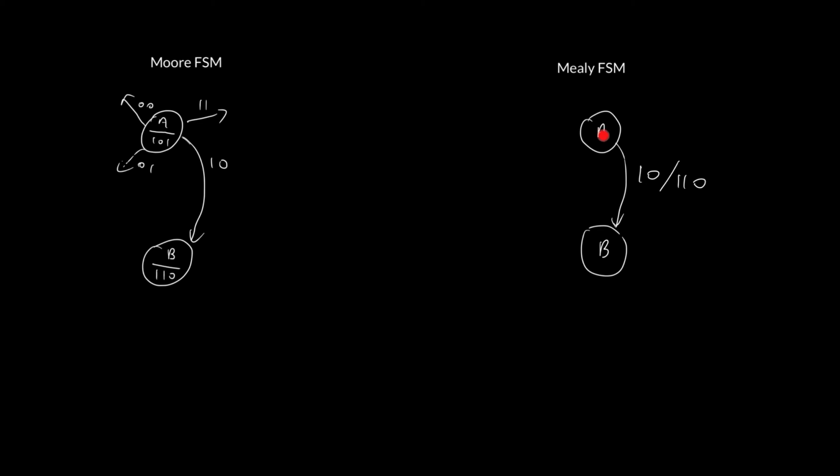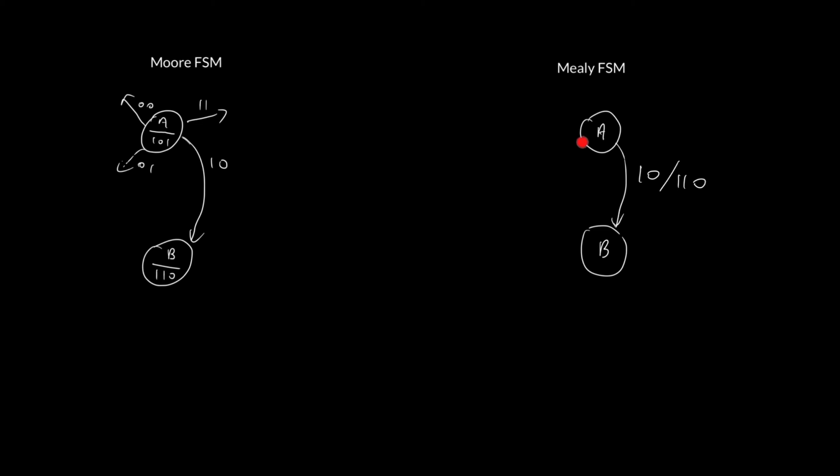We've just arrived in state A, and we have to wait until the next rising edge of the clock before transitioning to B. Now, in this period before we transition, we need to know what the output is. And that's what this label is telling us. This label is telling us that if I'm in state A and the input is a 1, 0, then the output is going to be 1, 1, 0.